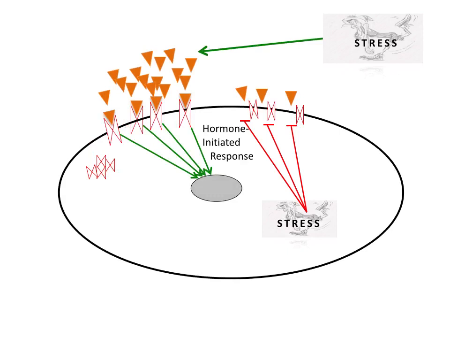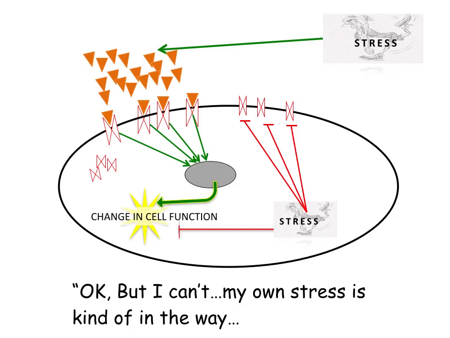from the hormone, the cell will inhibit the activation sequence at the receptors, minimizing the amount of hormone-initiated response, allowing for only small amounts of cellular change.